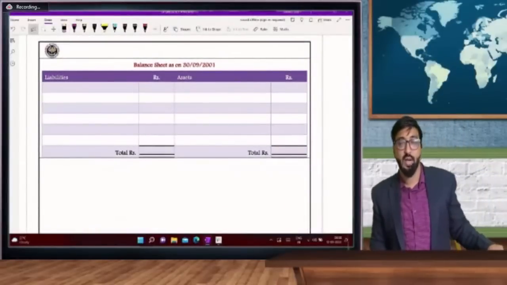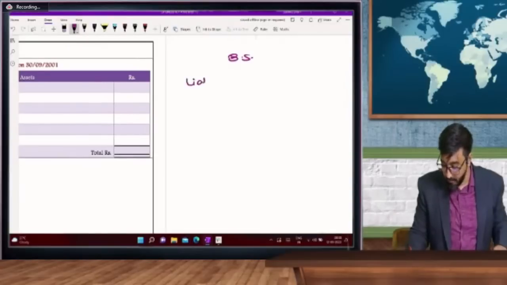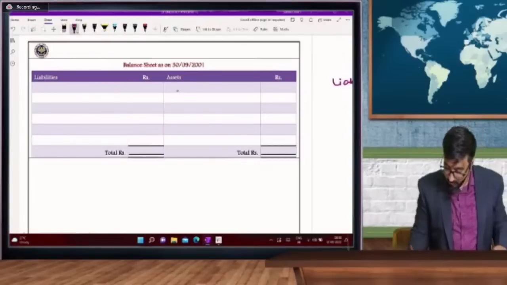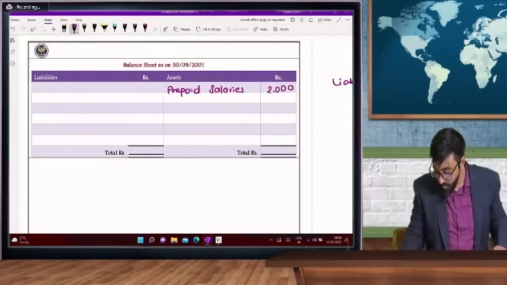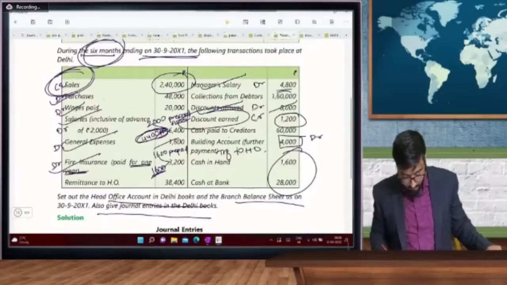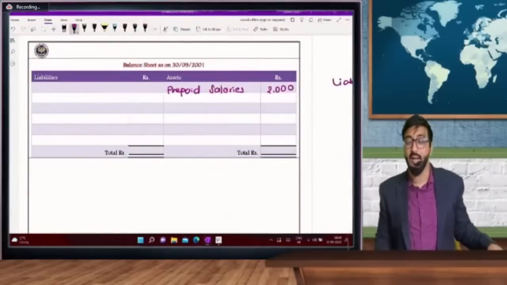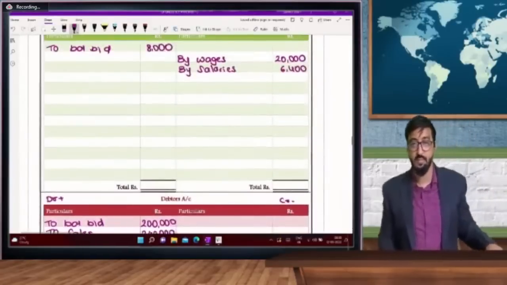In balance sheet, write down liability rupees, asset rupees, and write prepaid salaries 2,000, because remaining 4,400 is going to transfer to P&L, HO account. So HO account, we will directly write sundries. So by salary is over.